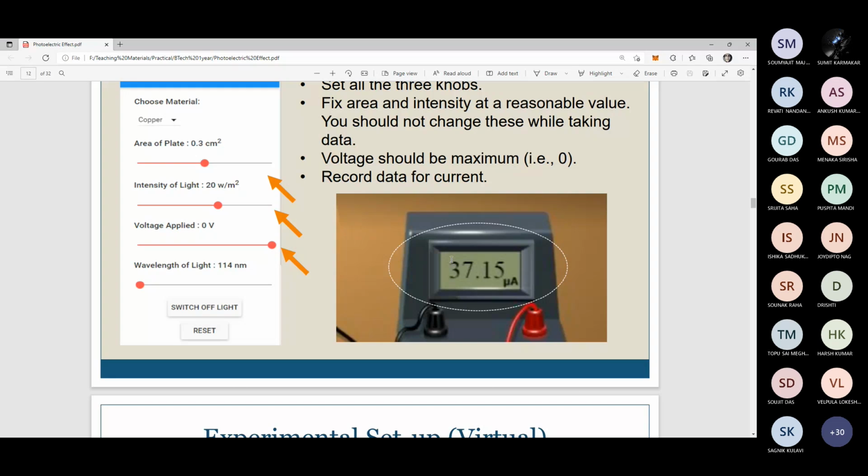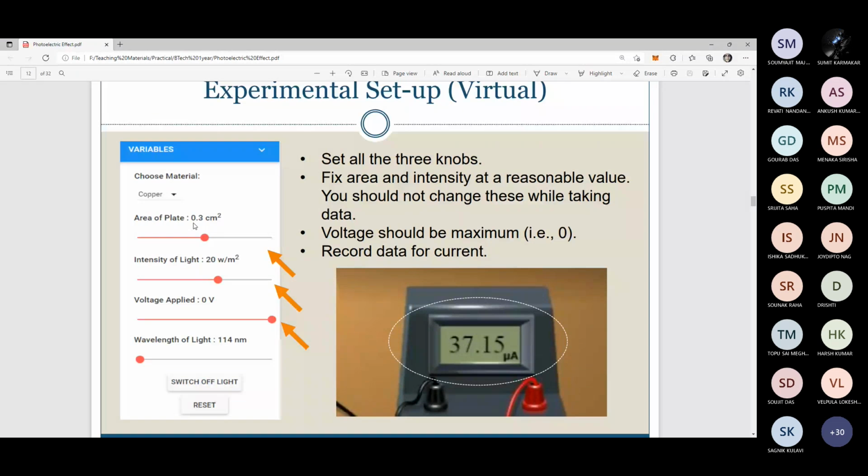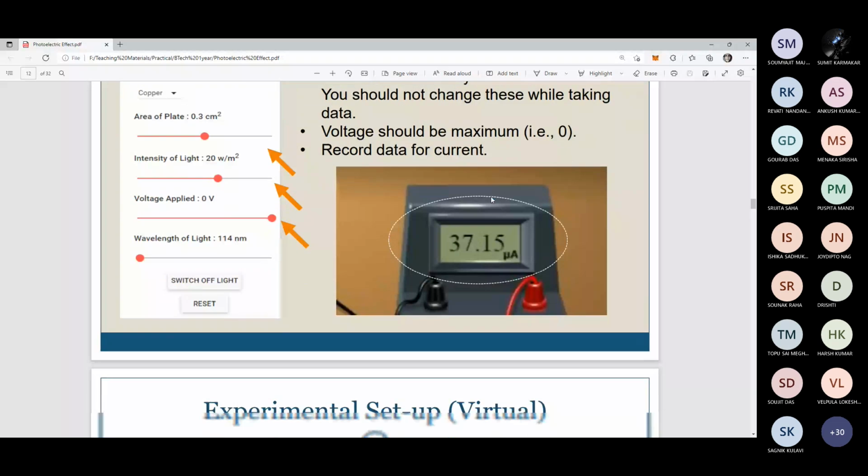For a typical value, you can also change the area, 0.3 centimeter square or another value, maybe two or three different areas you have to consider and perform. At the same time, you have to also vary the intensity of the light, and with the variation of voltage, you have to calculate the current. You also fix your wavelength.